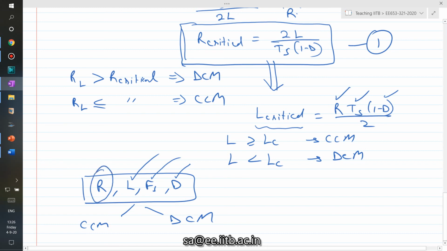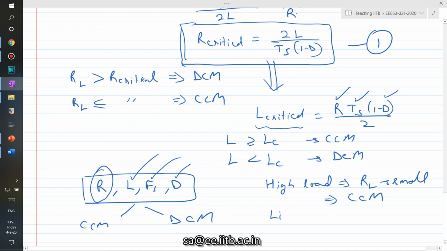When you are heavily loaded, operating at a high load condition, that implies your RL value is small, and usually you would be operating in CCM.